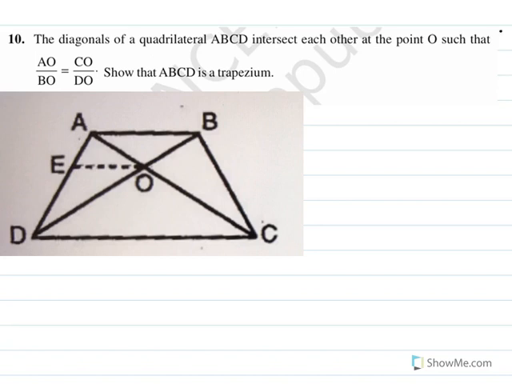The diagonals of a quadrilateral ABCD intersect each other such that AO over BO equal to CO over DO. Show that ABCD is a trapezium.